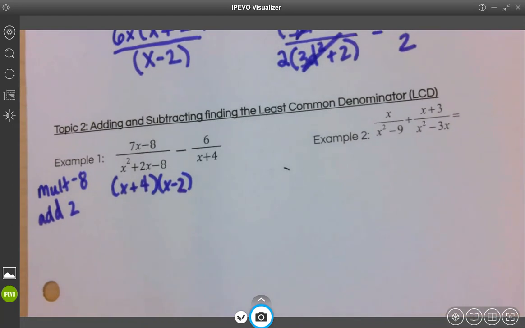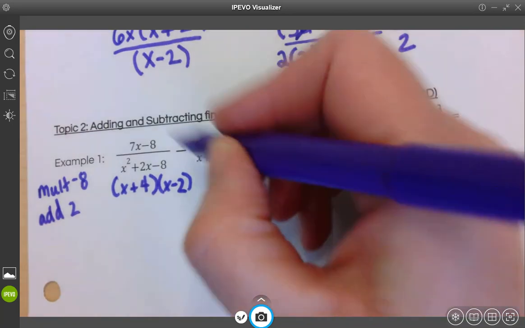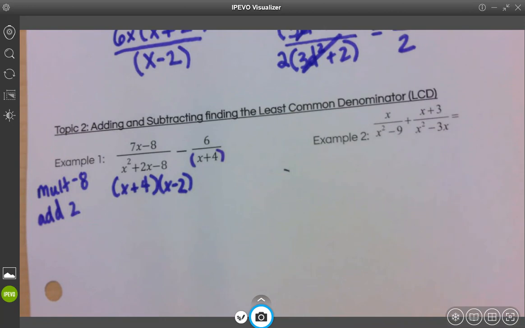Okay. So that's factored. So now you can see the second fraction has the x plus 4, right? I'm going to put parentheses on it to keep it together. So the second fraction is missing what factor? It's missing the x minus 2.